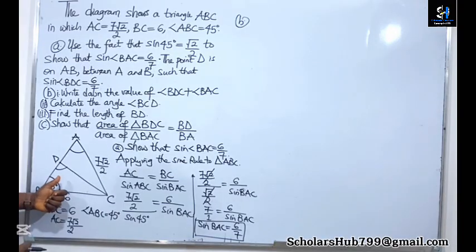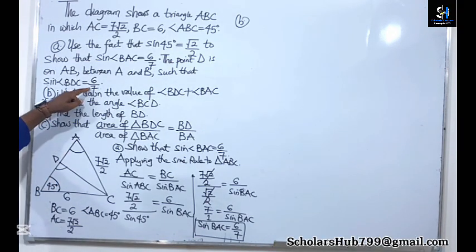We are now given that the sine of angle BDC is equal to 6 over 7.